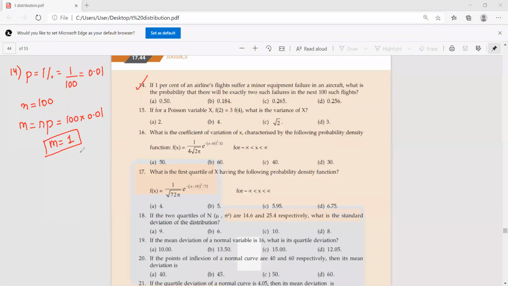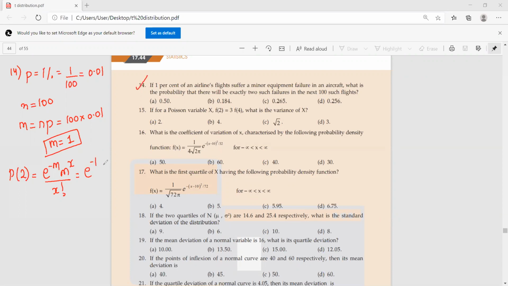The value of m is 1. Now I need to find exactly two such failures, which means P(2). The formula is e to the power minus m, m to the power x upon x factorial.